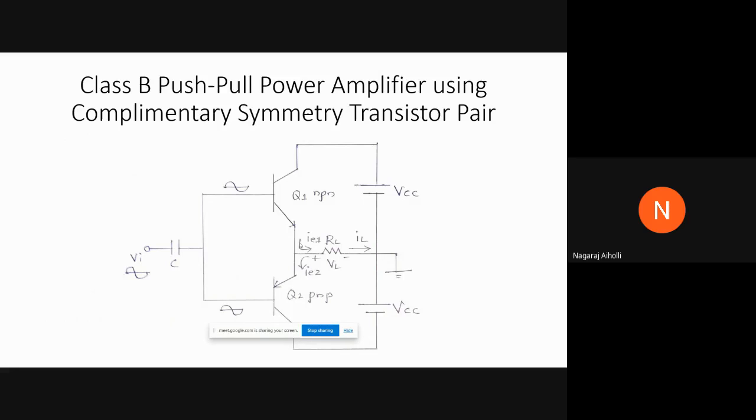Both transistors' emitter-base junctions will have zero voltage, and that is why there is some distortion, called crossover distortion.